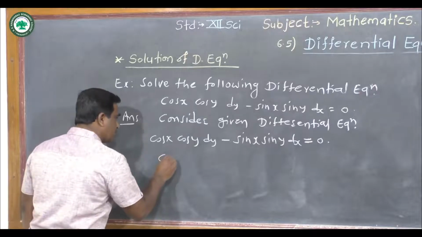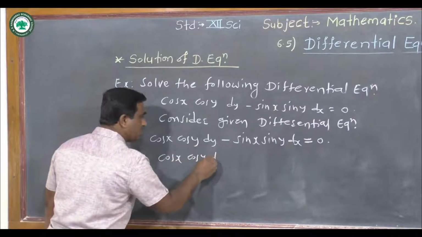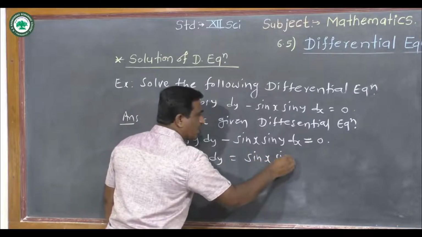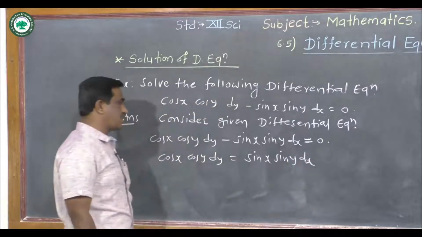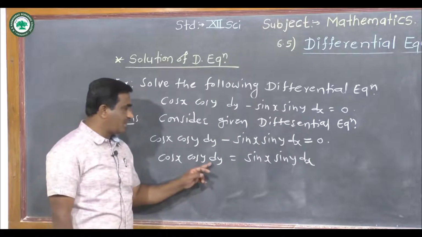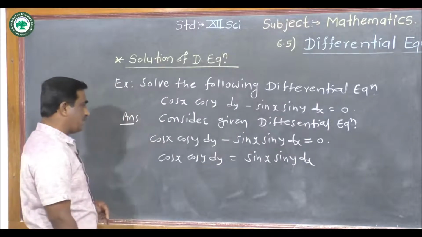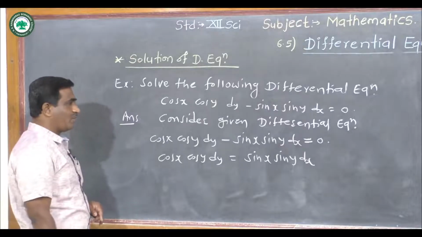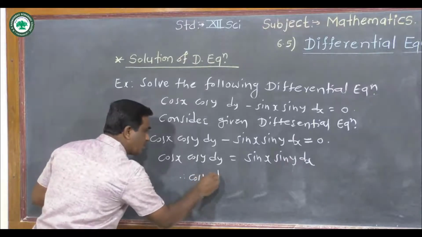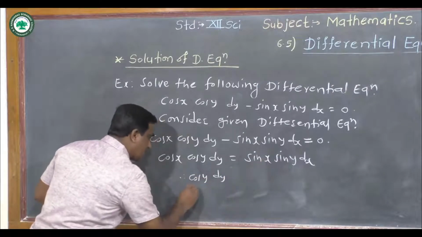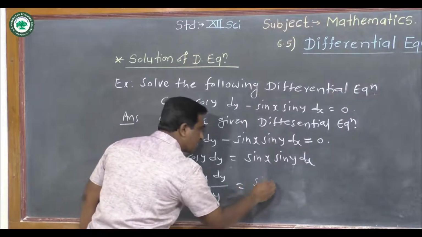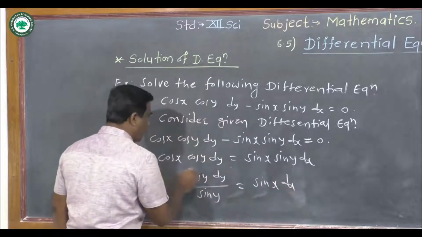Therefore we can write cos x into cos y into dy is equal to sin x into sin y into dx. Now we take terms of y to the LHS along with dy, and terms of x to the RHS. Therefore we can write cos y into dy upon sin y is equal to sin x into dx upon cos x.